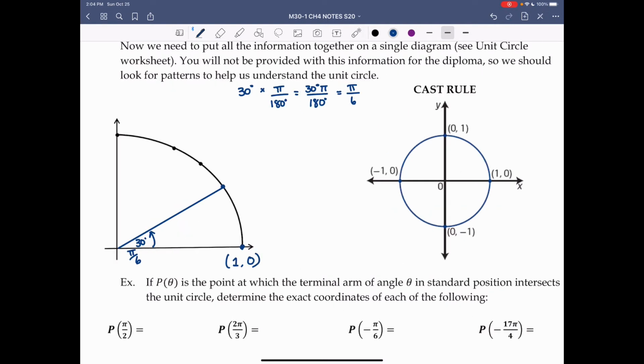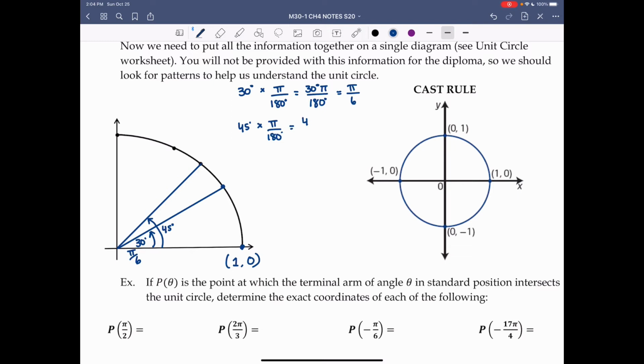The next smallest special angle we talked about was 45 degrees. So our terminal arm goes to this point. And then this angle is 45 degrees. And let's convert that. 45 degrees times pi over 180 degrees.